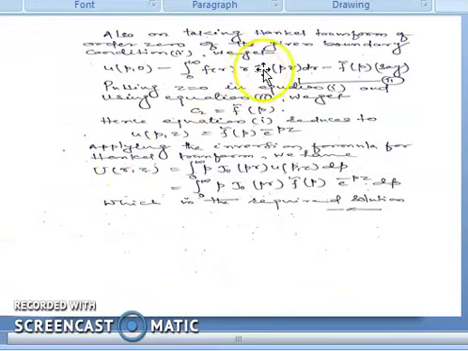Also, on taking the Hankel transform of the given boundary condition, we get u bar of p, 0 equal to the integral from 0 to infinity of f of r times r J0 of pr dr, which is f bar of p. Say this is equation number 2.